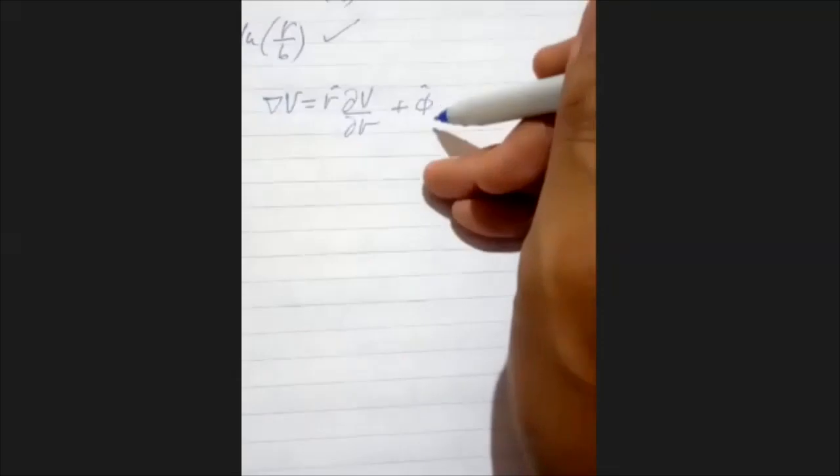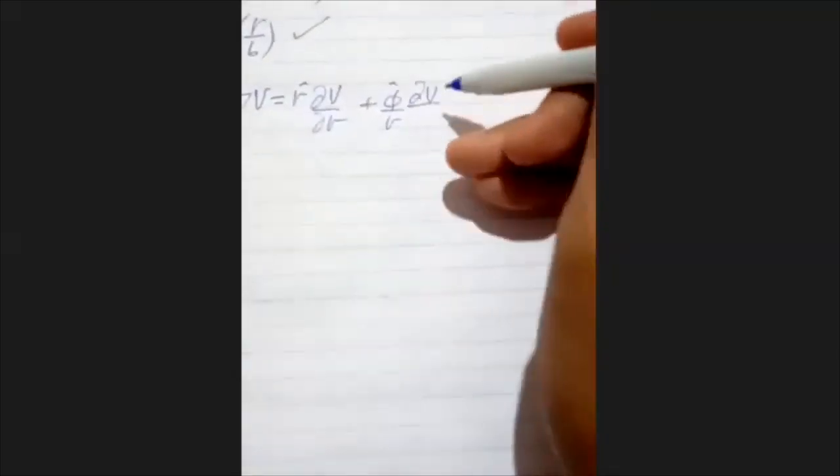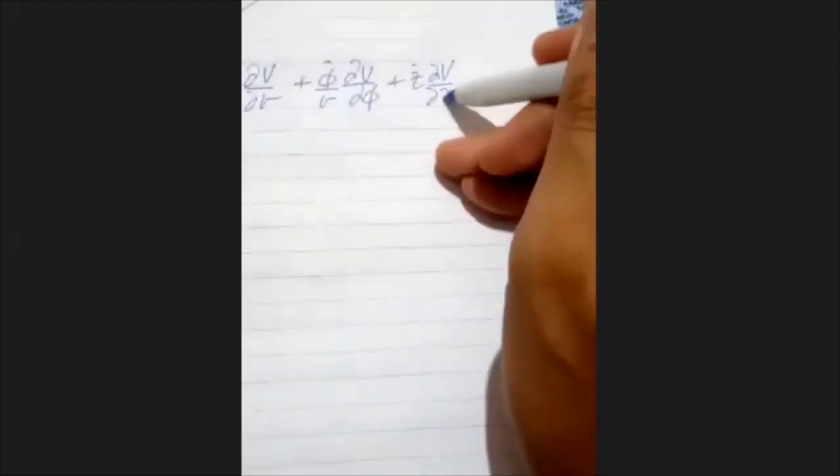The grad of V for the case of cylindrical is given as the r component dV over dr, plus phi component 1 over r dV over d phi, plus z component dV over dz.